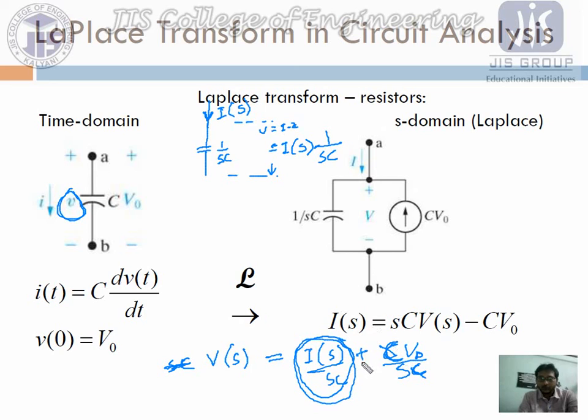So this amount of voltage is added over here: upside will be plus, downside will be minus, and this voltage source has a value of V0 divided by s.